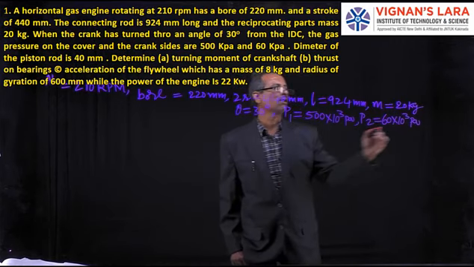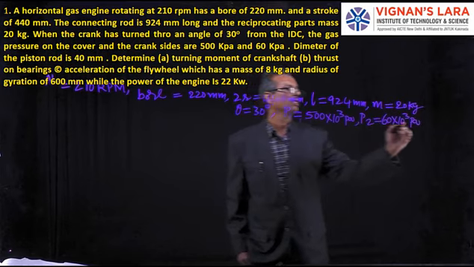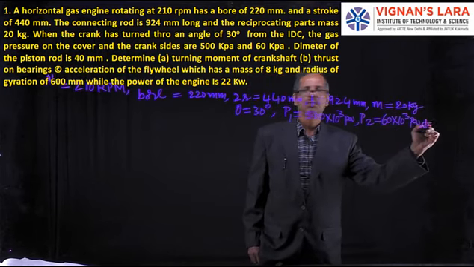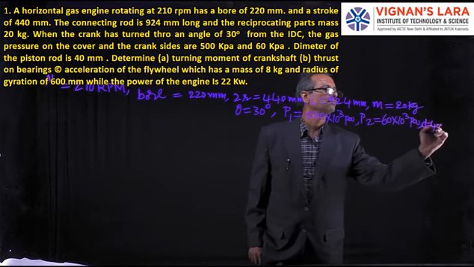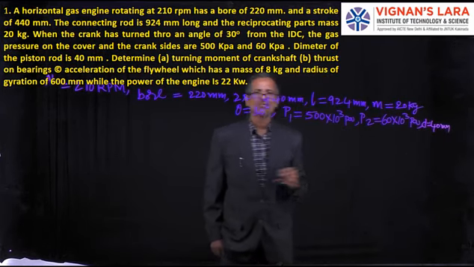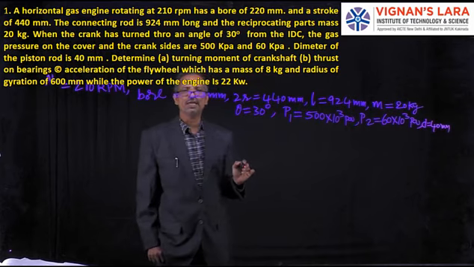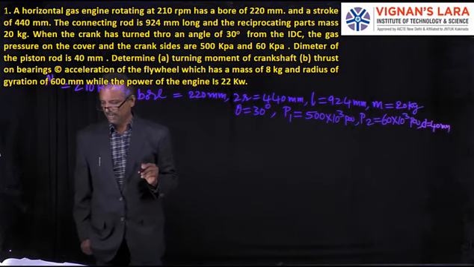Diameter of the piston rod is 40 mm. So you are supposed to find out the turning moment on the crankshaft.